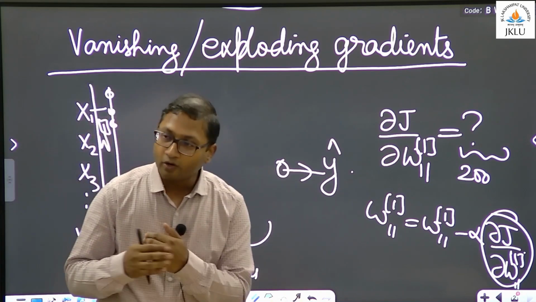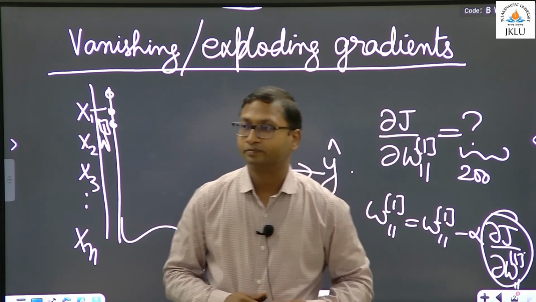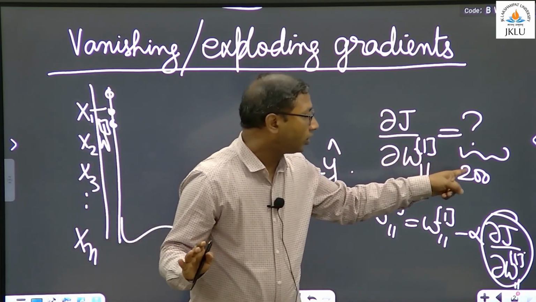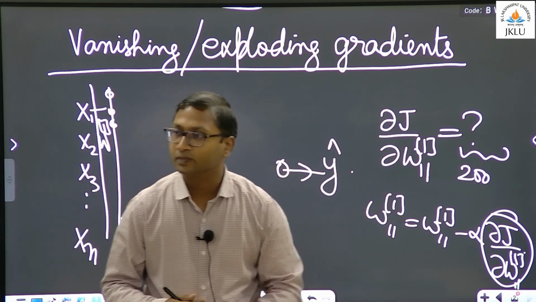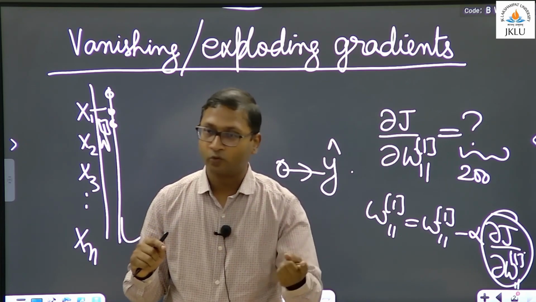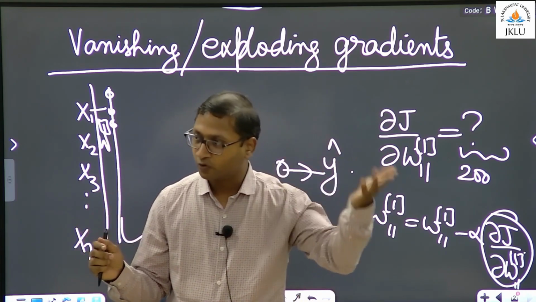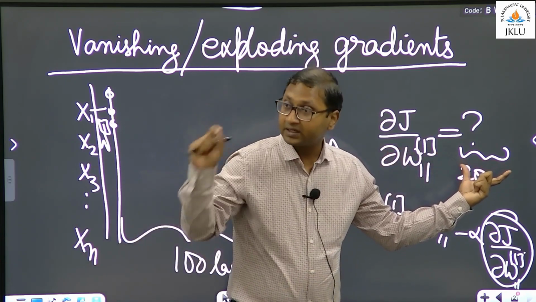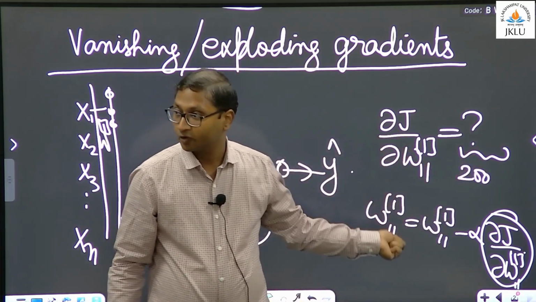Now what happens if all of these partial derivatives are less than 1? Let's say you are in a very bad case. What will happen if a lot of these 200 terms are less than 1? 0.1 into 0.1 is 0.01. 0.01 into 0.01 is 10 to the power minus 4, and so on. If you multiply too many terms that are less than 1, you might have a numerical underflow.